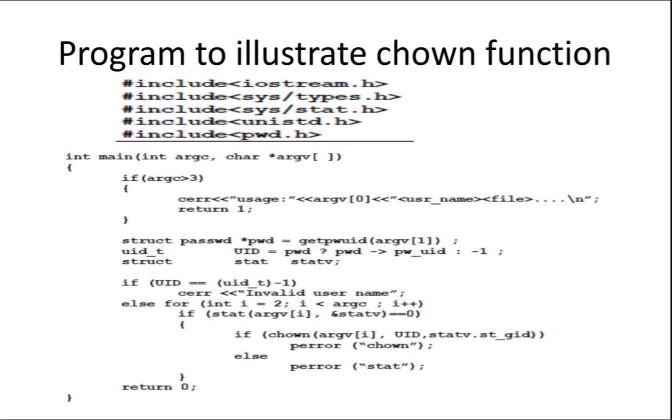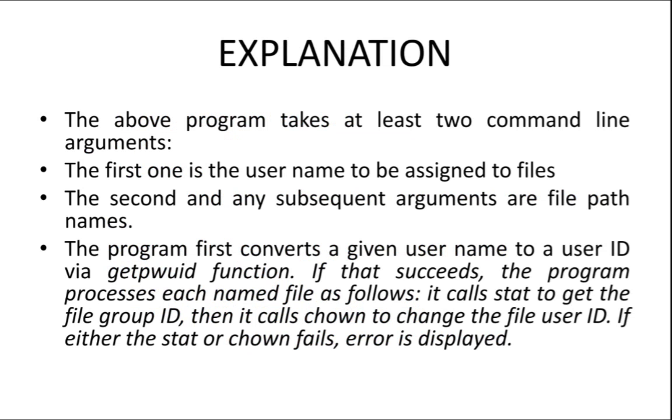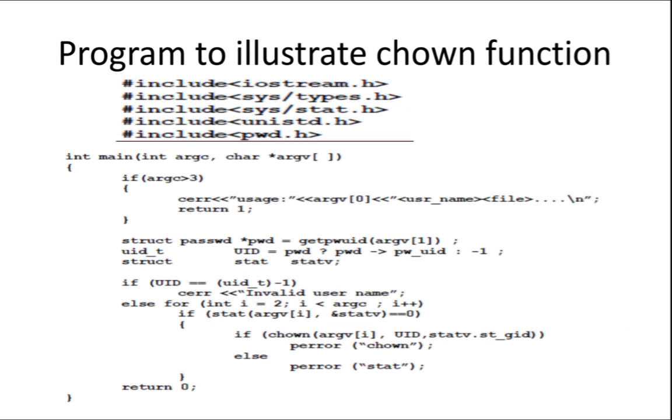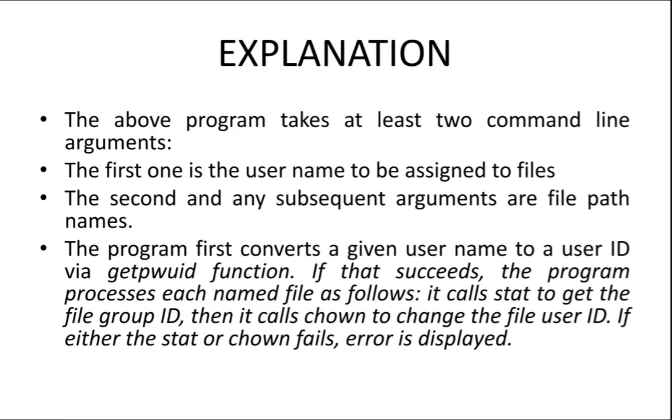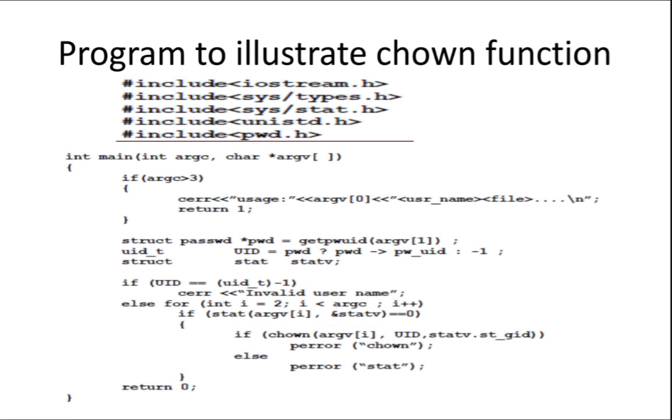You can see stat is mainly used to get the group ID, and chown is mainly used to change the file user ID, right? Hope you are understanding. First I am getting the attribute, then I am changing that attribute, right? Suppose if you have any doubts, please post your doubts in the comment section, right?